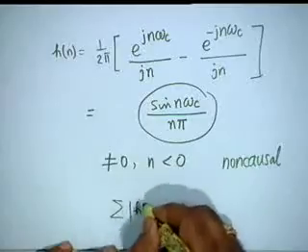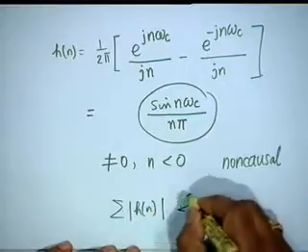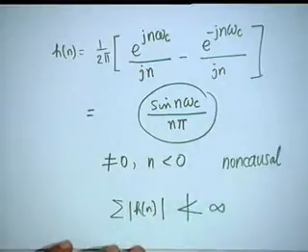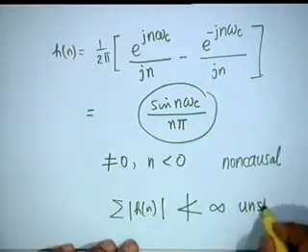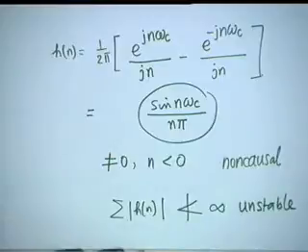Summation of h of n is not less than infinity, it blows up, it is not summable, and therefore it is also unstable. Once at least in your life you should know why an ideal filter, this is true about ideal high pass, ideal band pass, ideal band stop, any ideal kind of filter, it is non-causal and also unstable, therefore it cannot be realized.